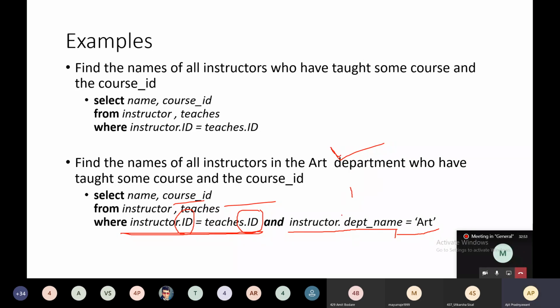And then it will look for the department name in the result, and then it will retrieve the name and course ID of those instructors who belong to the art department. So this is how you have to query over the database to get the result of this statement.